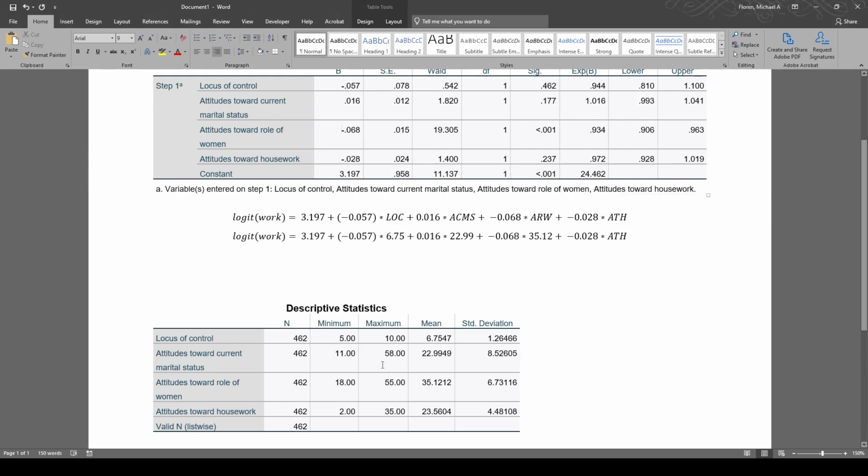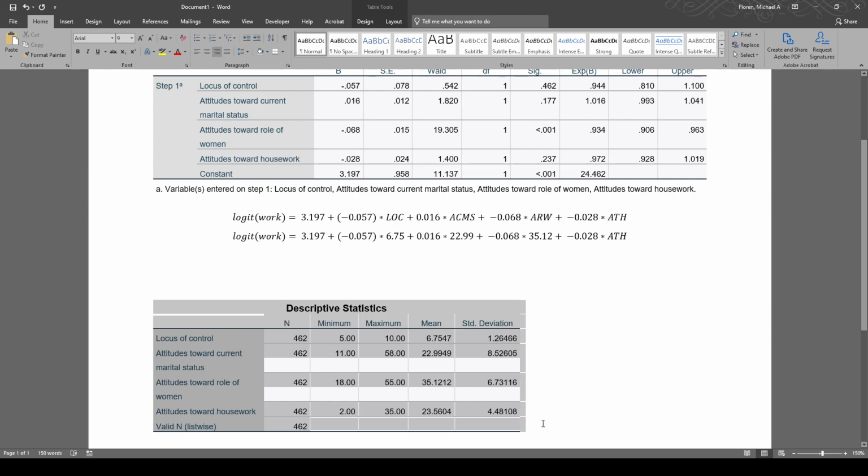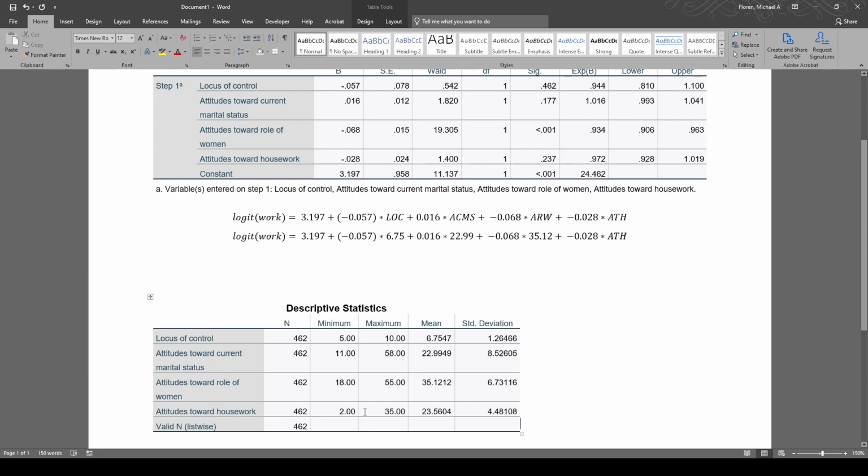So it's an interesting way to look at these descriptives. I think that's why it's important to look at the descriptives, and I probably should have before my interpretation, because again, it definitely changed the way I look at it.